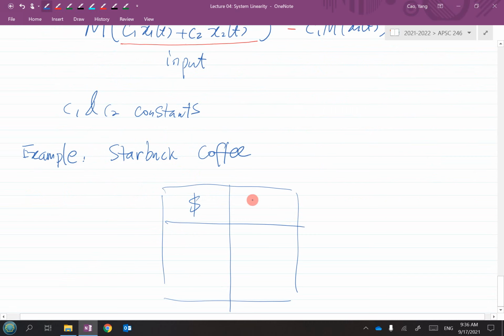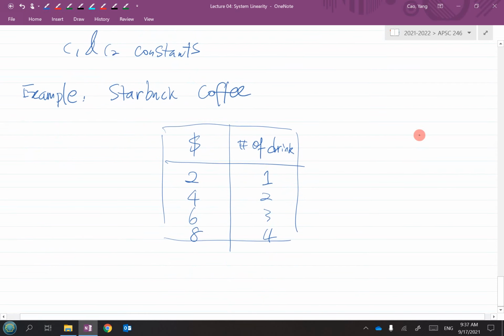So let's say you spend $2 and you get one drink. Okay. Actually, it's more expensive than that now, right? And you spend $4 and you get 2 drinks. Okay. And you spend $6, you get 3. You spend $8, you get 4. Okay. So on and so forth. That's Starbucks, sometime in the old days.